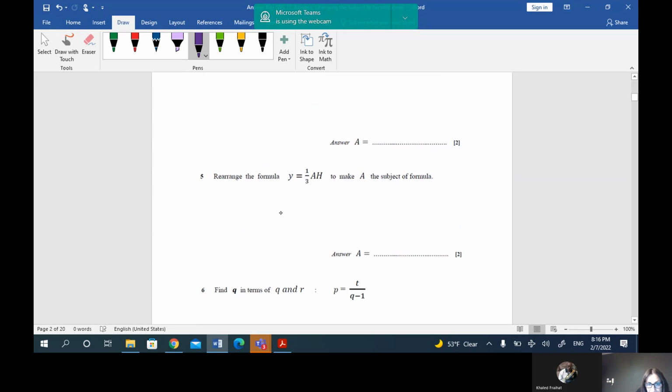Number 5, rearrange the formula and make a the subject. So y is equal to a third times a times h. I can write it as y is equal to a times h all over 3, right? We would like to make it a fraction. 1 over 3 times a times h will be ah over 3, and y is y over 1, right?